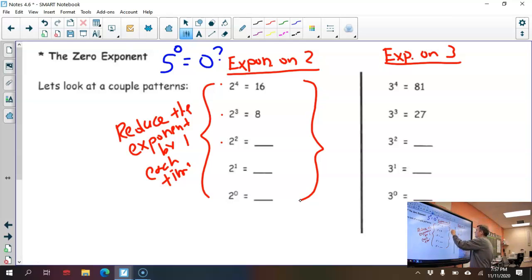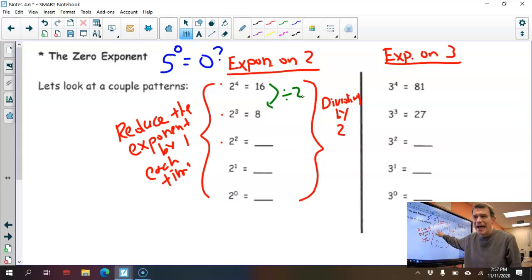I claim over here what we're actually doing is we're dividing by 2 each time. Right? From here to here, I'm dividing by 2, which kind of makes sense because I'm losing one of the 2's each time. I went from 4 2's down to 3 2's.